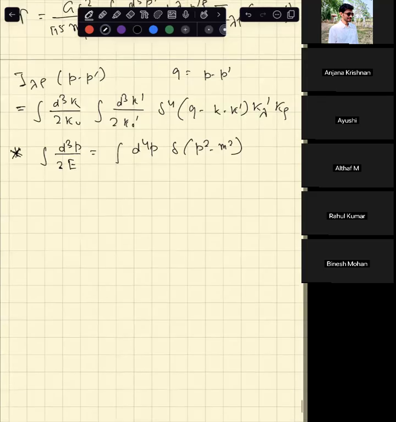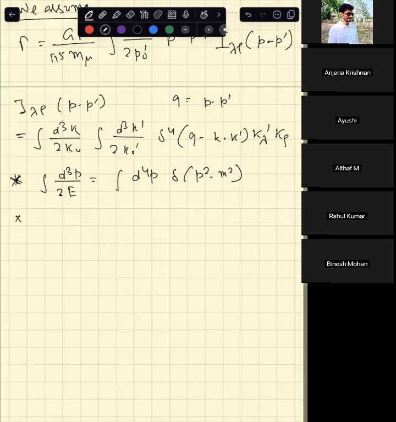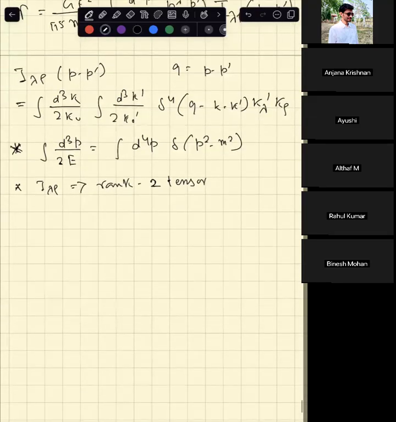So now, what is this I lambda rho? This I lambda rho is a rank 2 tensor, right? Because it has indices lambda and rho. So this form of the I lambda rho, if we have to write it in a suitable way so that the coefficients are Lorentz scalars, then it can have only this possible form, A q square g lambda rho plus B q lambda q rho, for any arbitrary 4-vector, let's say q.